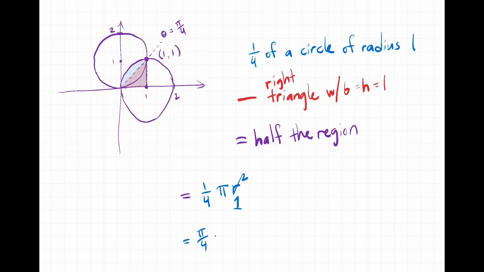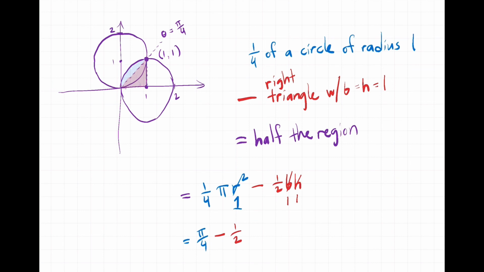And then minus the area of that right triangle that I don't want. The base and height are both 1, and that's 1/2 base times height. That's the area of a triangle, right? So our base and our height are both 1. So 1/2 times 1 times 1 is 1/2.